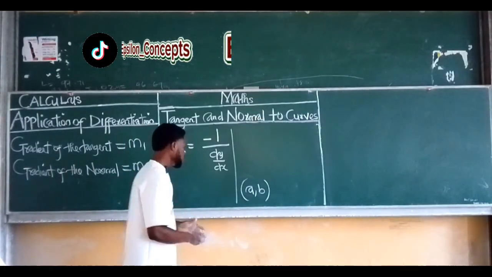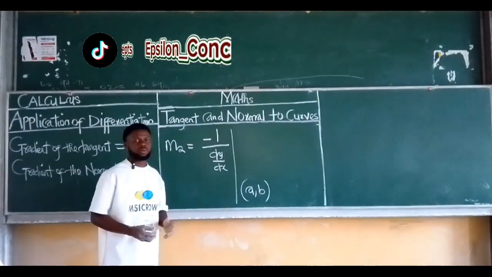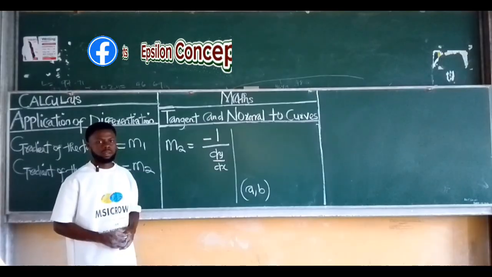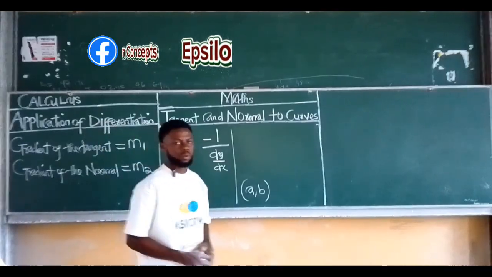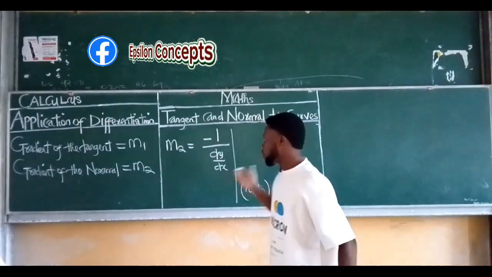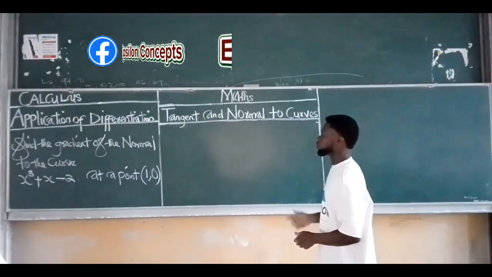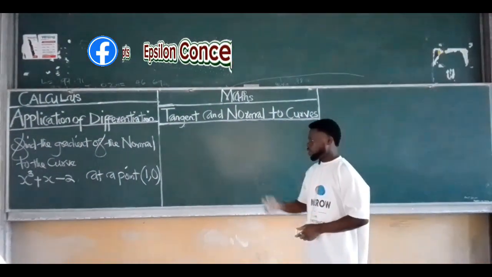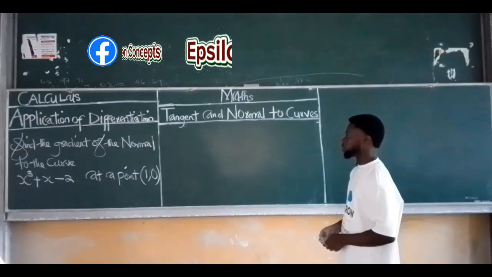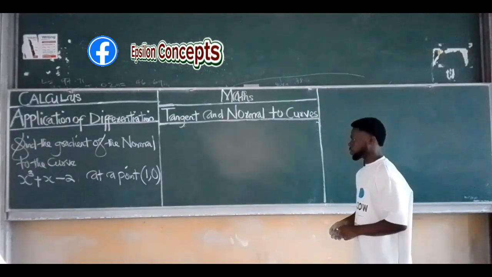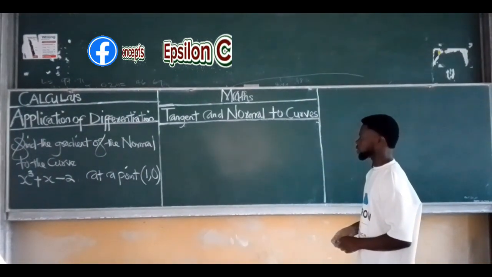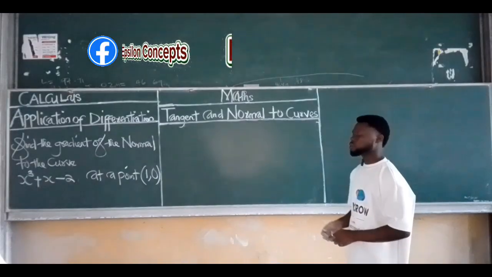So we are going to use this formula to solve some examples on the board. Let's consider the first example under gradient of the normal to the curve. The question on the board is, find the gradient of the normal to the curve x raised to the power of 3 plus x minus 2 at a point 1, 2.